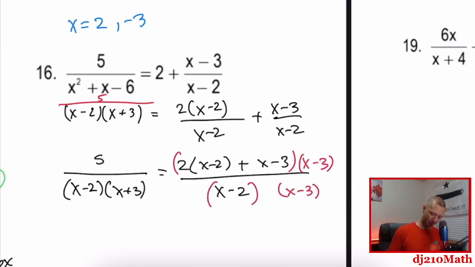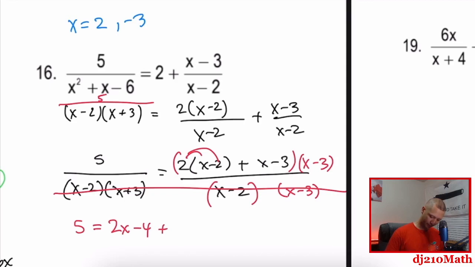And because the denominators match, I don't care about that any longer. So 5 is equal to 2x minus 4 plus x minus 3, x minus 3.